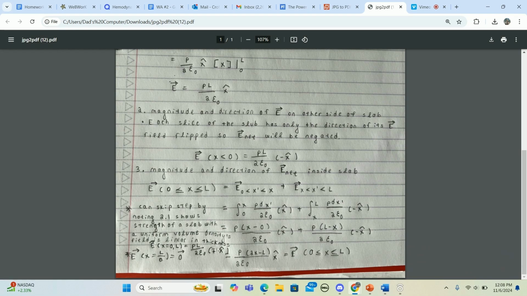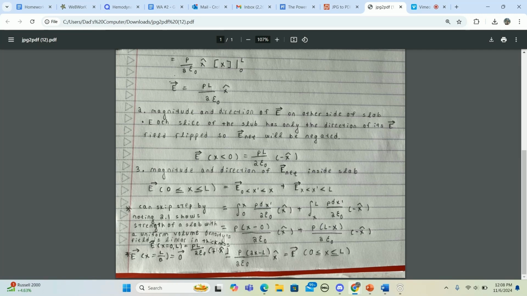Alright, so for the second part of the question, we're finding the magnitude and the direction of the electric field on the other side of the slab, where x is less than 0. And if we can write down the answer without additional calculations, then we can do that too.